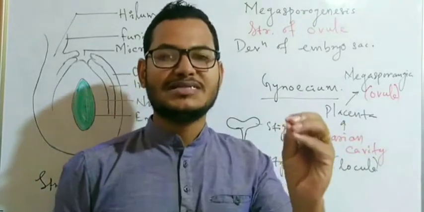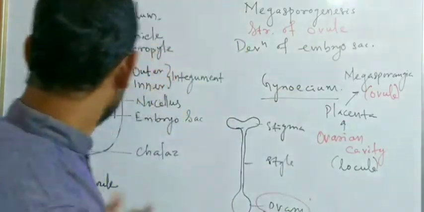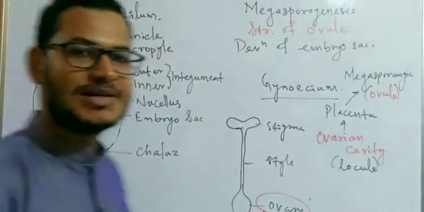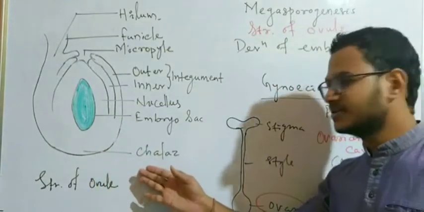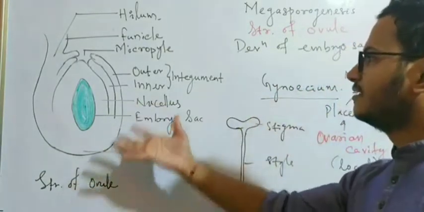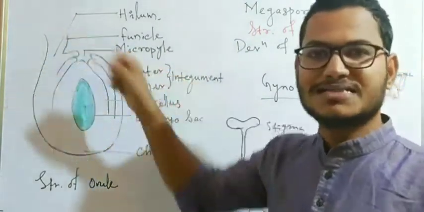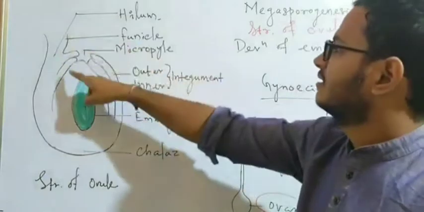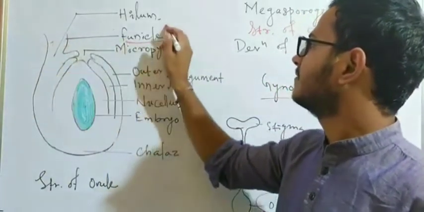Now remember, the ovule is attached to the placenta by a stalk. This is the structure of the ovule, which you can see clearly here. The ovule is attached to the placenta with the help of a stalk known as the funicle.